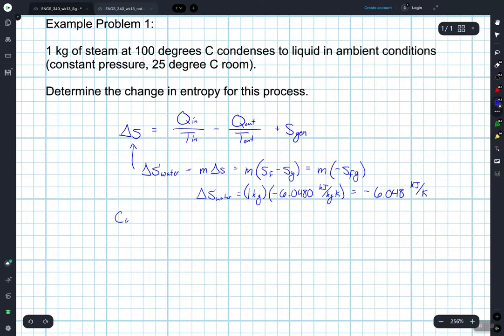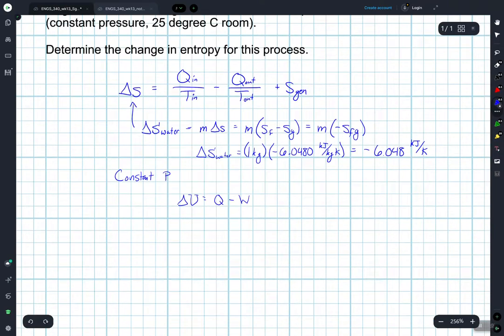So our energy balance is delta U equals Q minus W. W equals the integral of P dV, which is equal to just P delta V for this particular case.